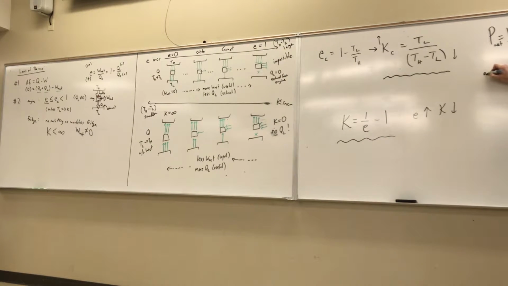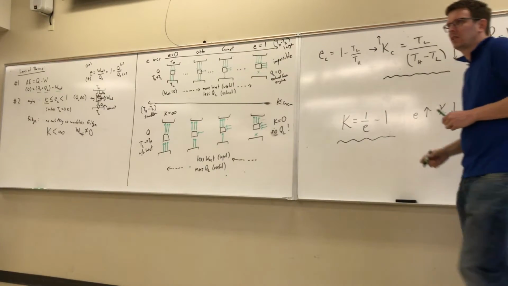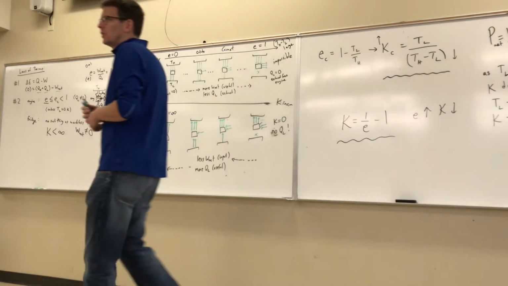So as the temperature TL decreases, the coefficient of performance decreases. And in fact, you can see from this equation that as you approach 0 Kelvin, your coefficient of performance goes to nothing.